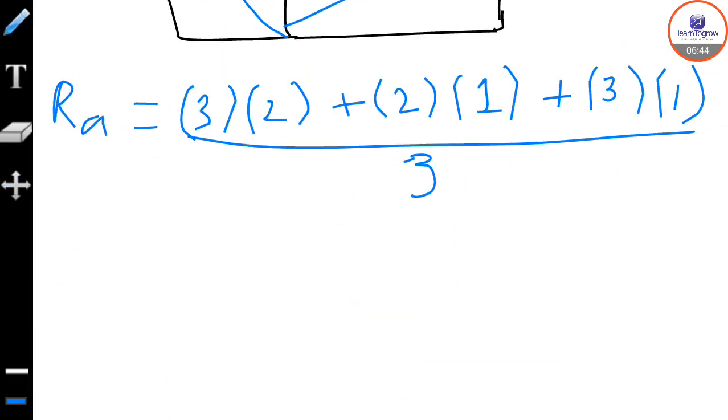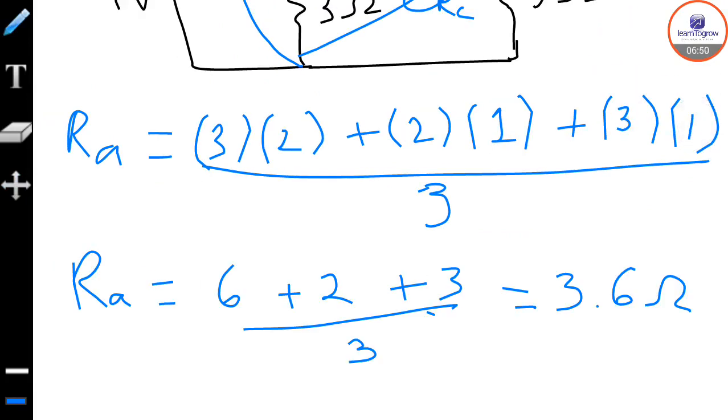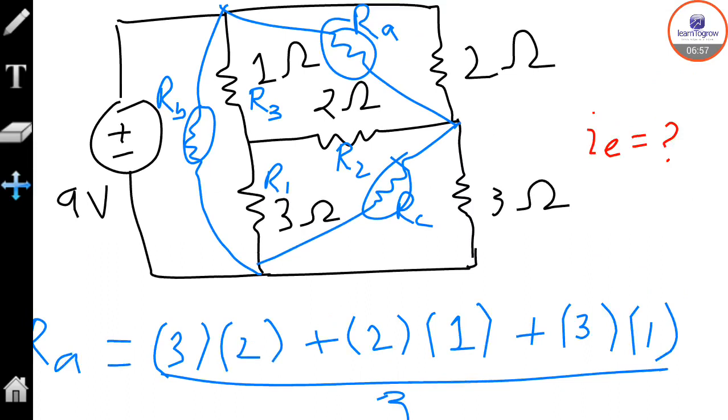We will solve it. Here you can see I have simply solved RA and it has a value of 3.6. I'll put RA as 3.6 here.